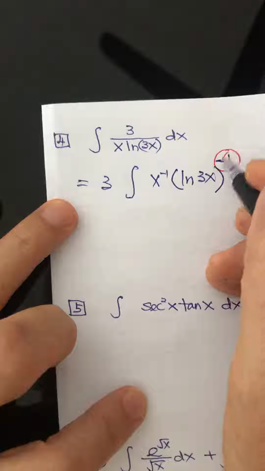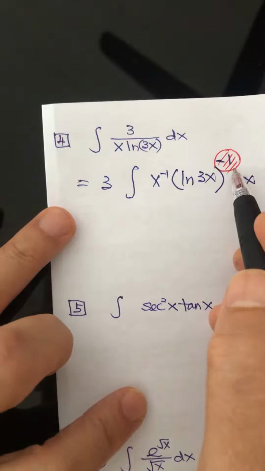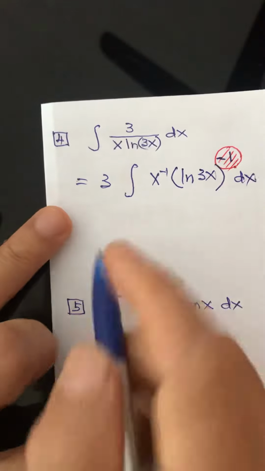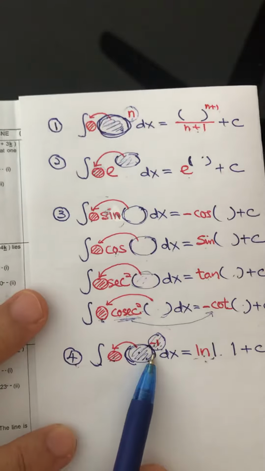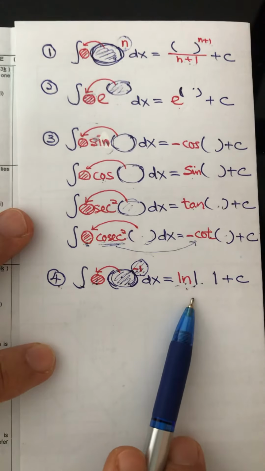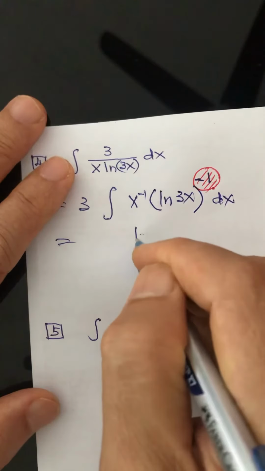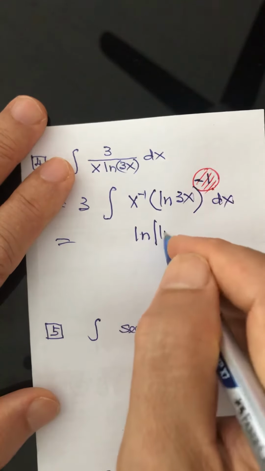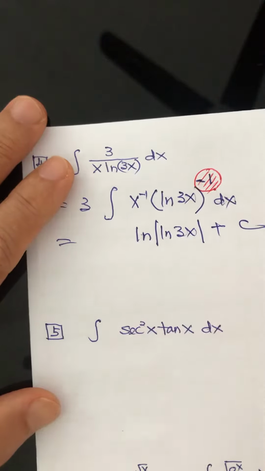It is the negative 1. So when you change this function, what do you get? You will get ln, isn't it? Look at number 4 here. Is it negative 1? You will get ln, so you will get ln 3x, then plus c. Right.